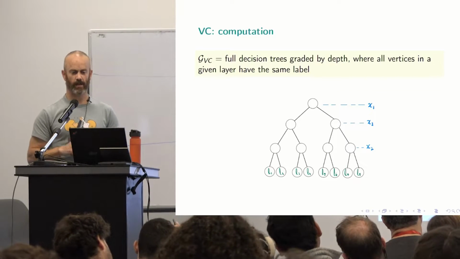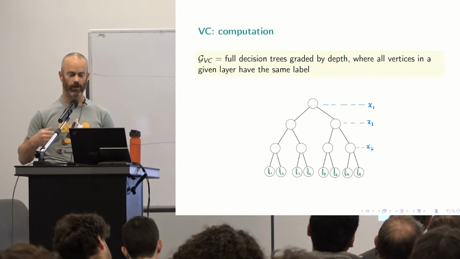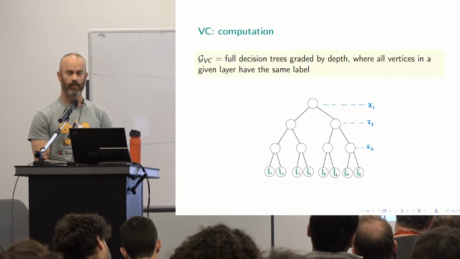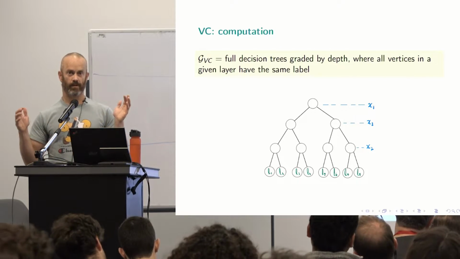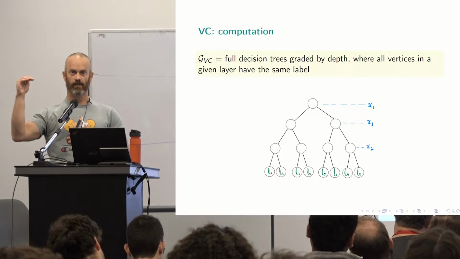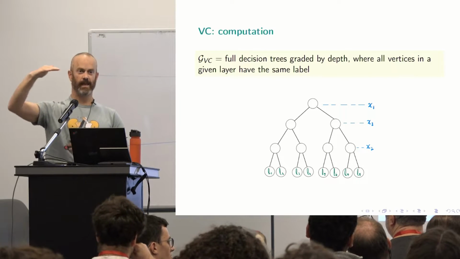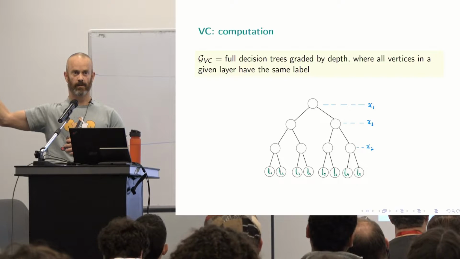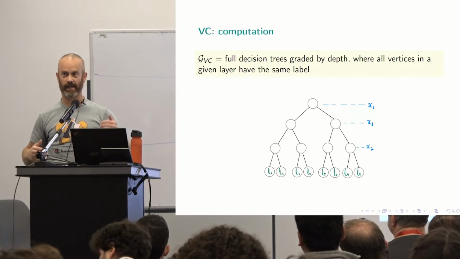But this dimension can be defined in the computational perspective as well, as follows. So the computational model, G of VC, is full decision trees as before, but in every layer of the tree, all vertices have the same label. So this is a collection of functions, and L is the collection of leaves in the tree.